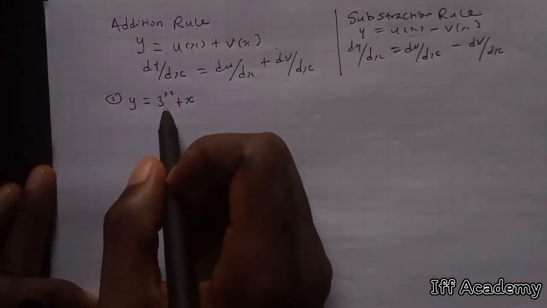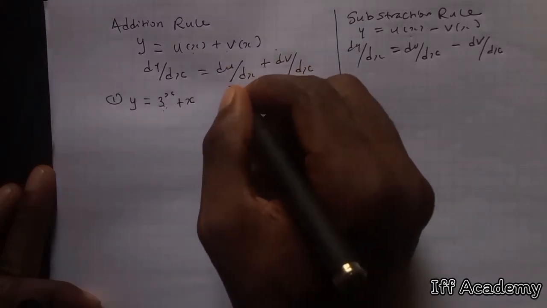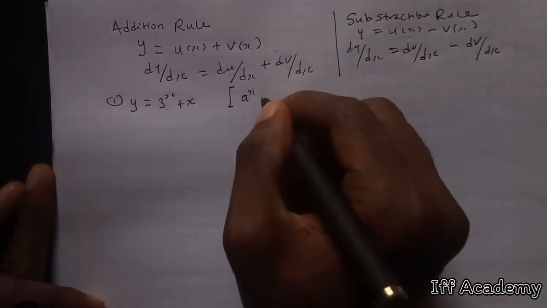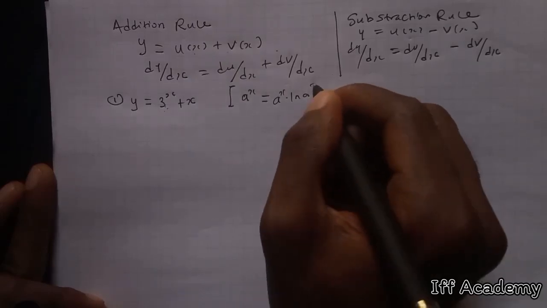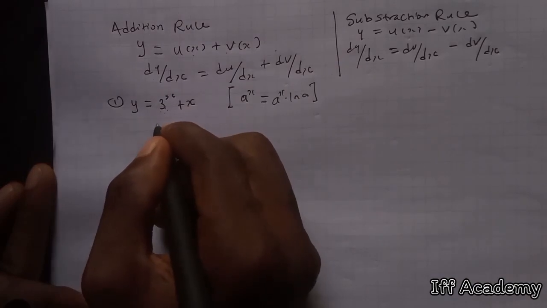So if I have this, remember what's the derivative of 3 raised to power x? Remember we said a raised to power x has derivative a raised to power x ln a, right? So the derivative of this is what?